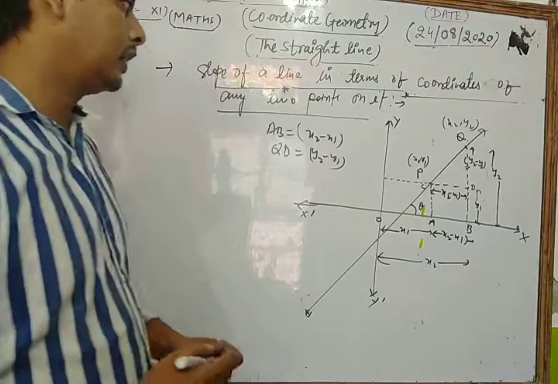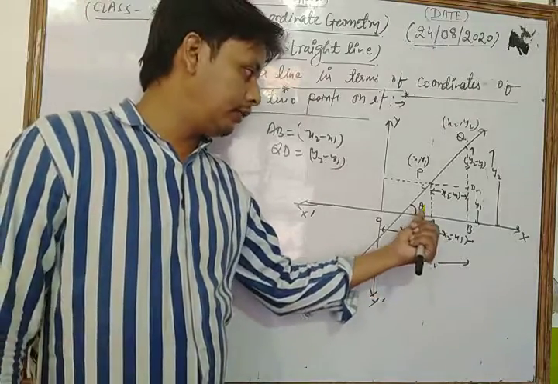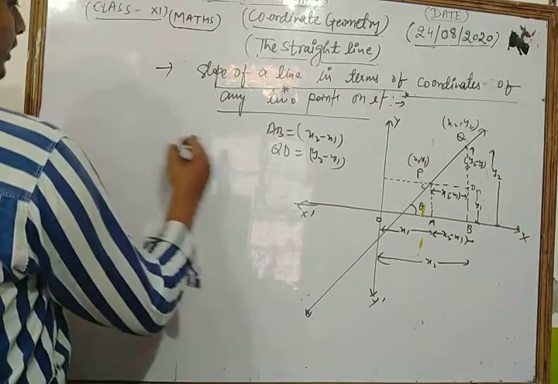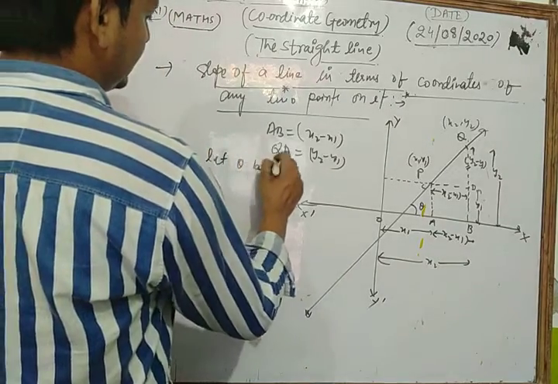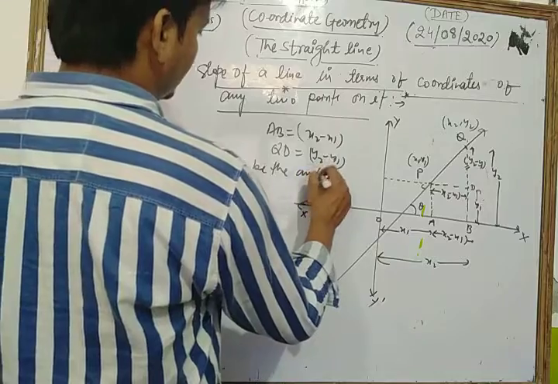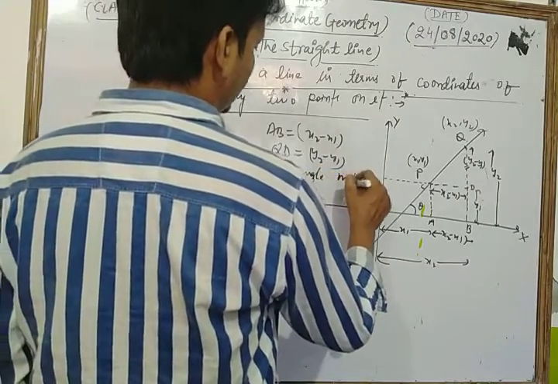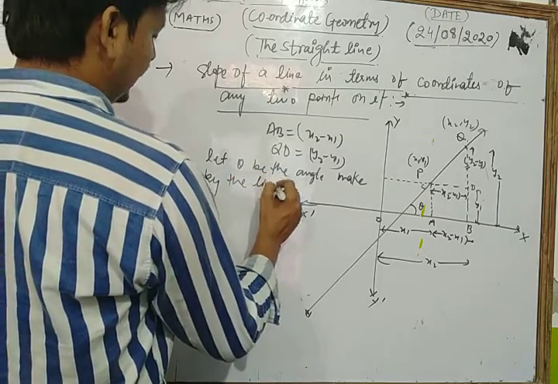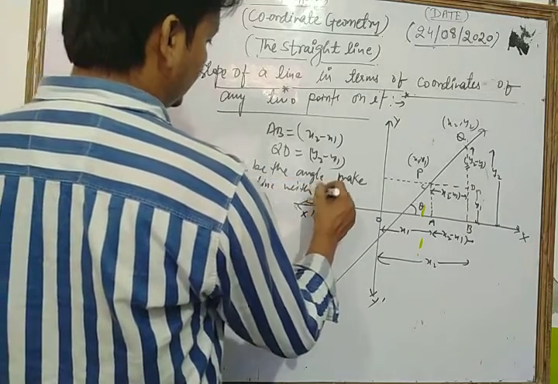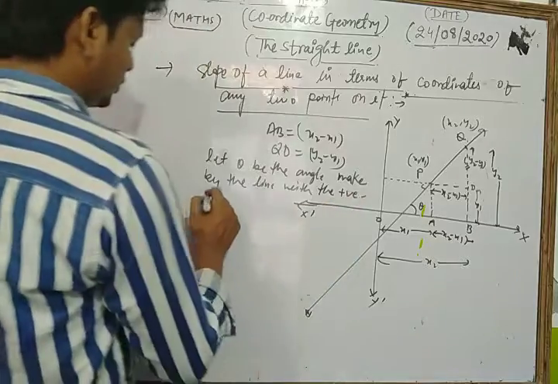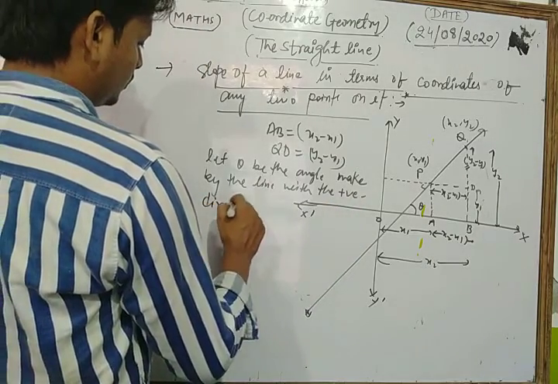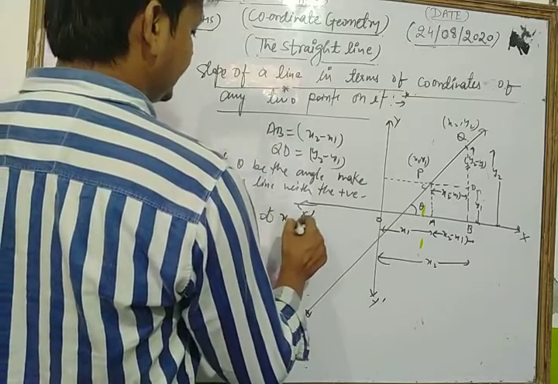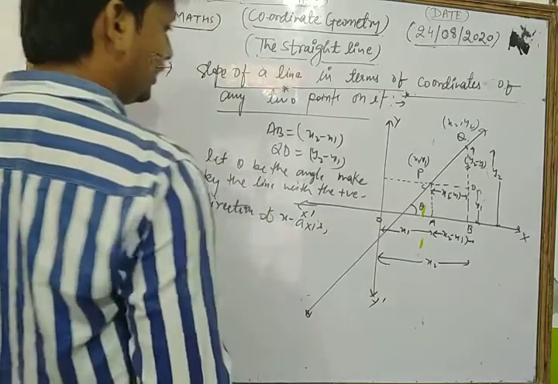Now here, dear student, let theta be the angle made by the line with the positive direction of the x-axis.